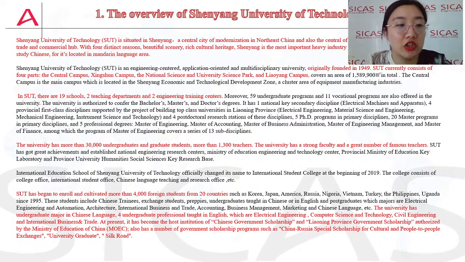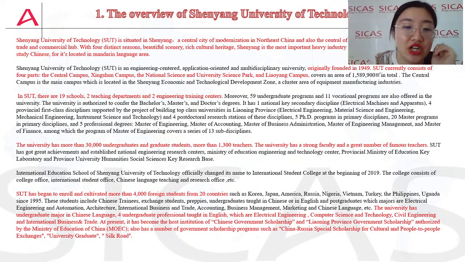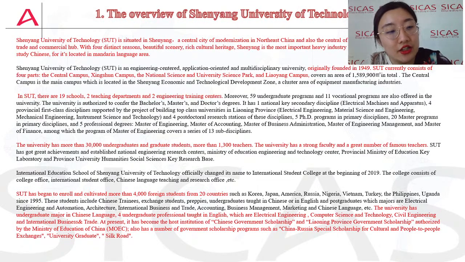The students include Chinese trainees, exchange students, preppies, undergraduates taught English or Chinese, and postgraduates, whose majors are electrical engineering and automation, architecture, international business and trade, accounting, business management, marketing, Chinese language, and etc. The university has an undergraduate major in Chinese language, and 4 undergraduate professional majors taught in English, which are electrical engineering, computer science and technology, civil engineering, and international business and trade.